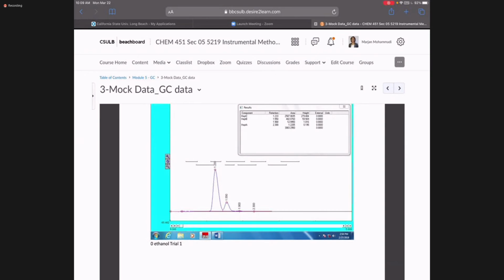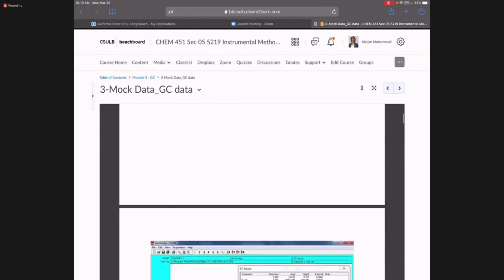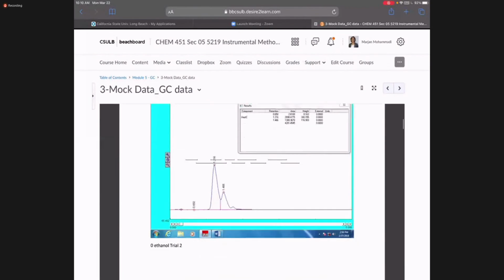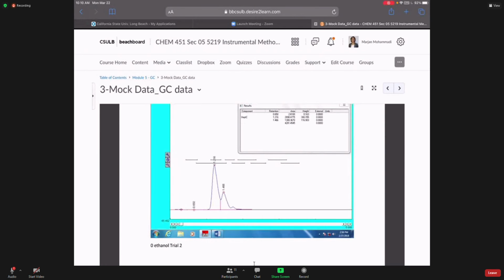When you have just hexane, means no ethanol present in this sample. So these 2 peaks that you see right here are just going to be pure hexane. You need this data specifically when you are going to find LOD and LOQ, when you want to find out the sigma. And then, as I told you, each sample, 3 trials.